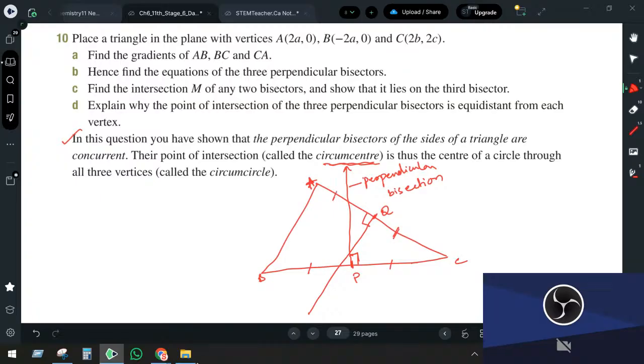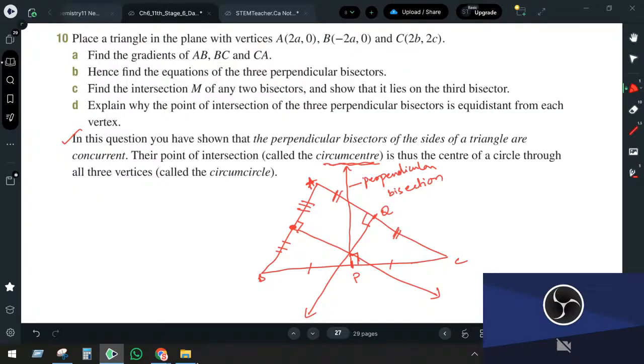And here also some might be bisector. Perpendicular bisector. I'm making 3 strikes, meaning 3 same, 2 same, 1 same. So I drew the perpendicular bisectors of all 3 sides.